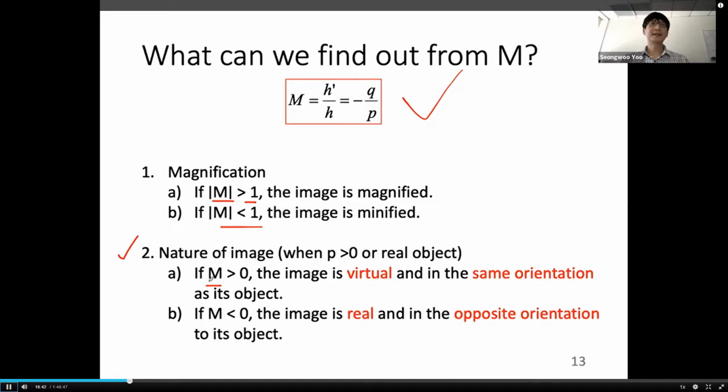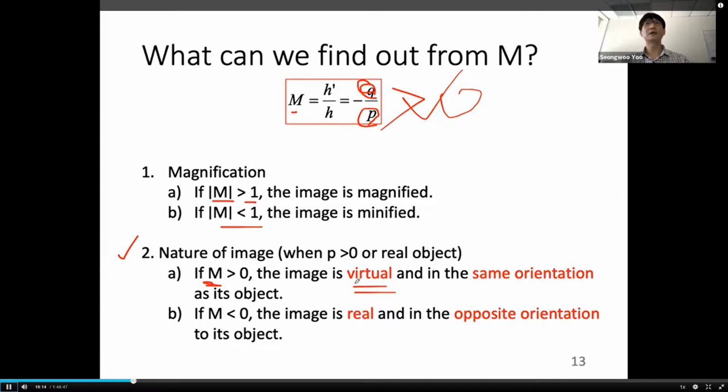If the magnification is positive, what does this mean? Because P is positive, the Q must be negative to make a positive magnification. Negative Q means this image is formed by the virtual rays. Therefore, the image is a virtual image.